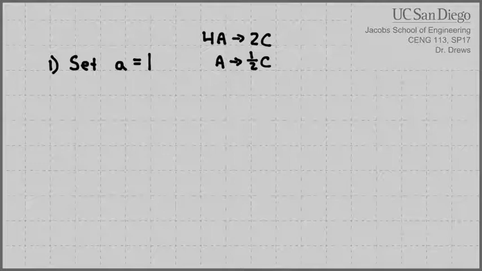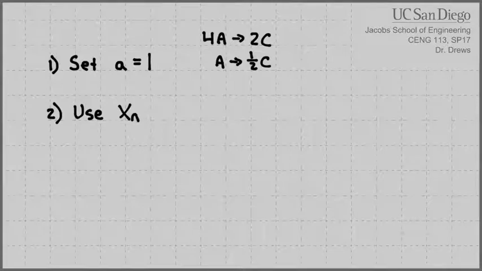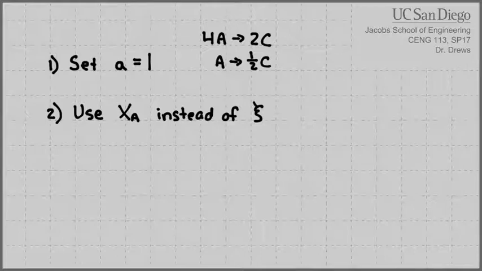Next step, we're going to use the conversion x sub A instead of the squiggle. Why do we use conversion instead of squiggle? Normally, if you're working with a reactor, you are far more interested in how much of the reactant did I use up, rather than what is this obscure extent of reaction that I have.